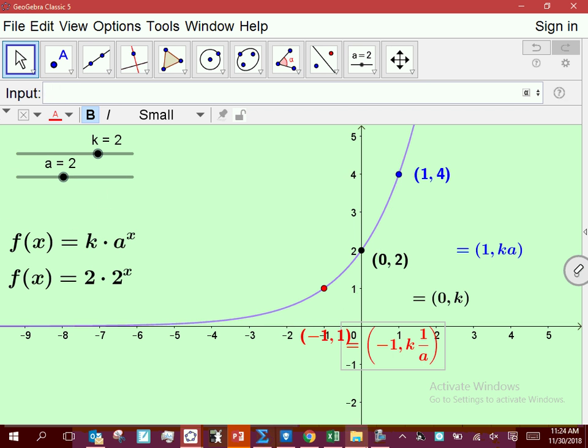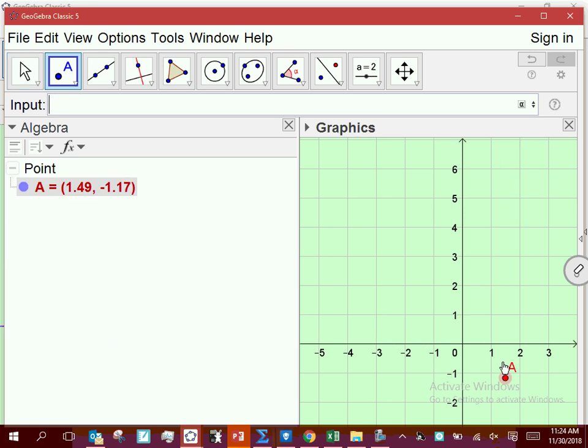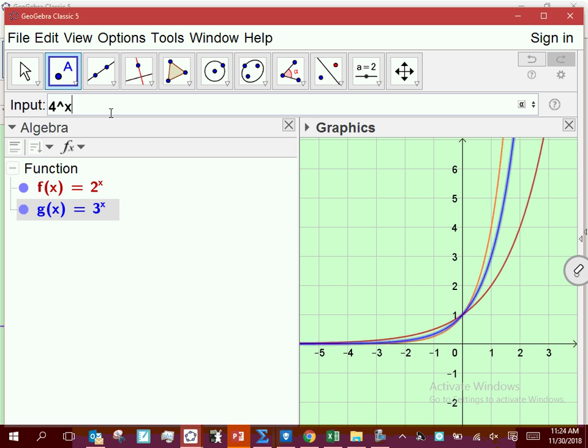Let me go to a different GeoGebra here to show you the other transformations. And I was just going to, a lot of times, so like 2 to the X, let's just put all these in here. 2 to the X, 3 to the X, 4 to the X, 5 to the X. They all look very similar, right?